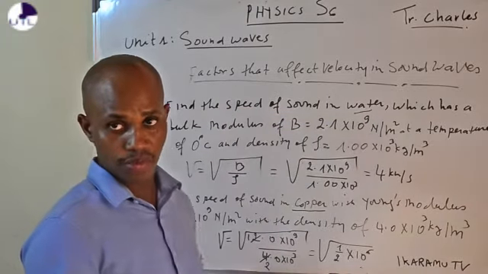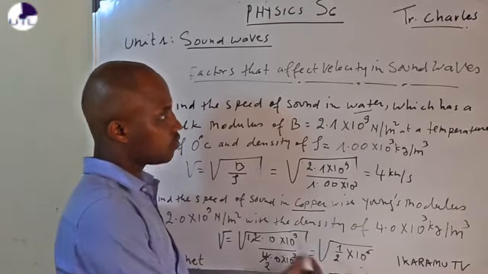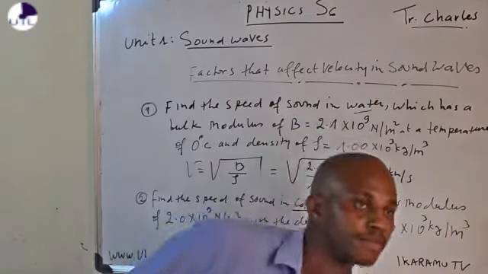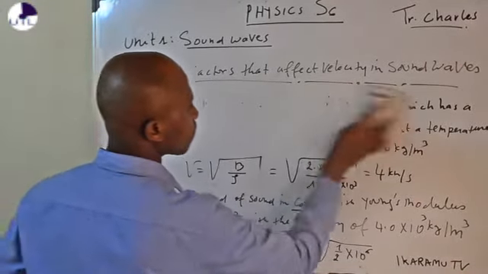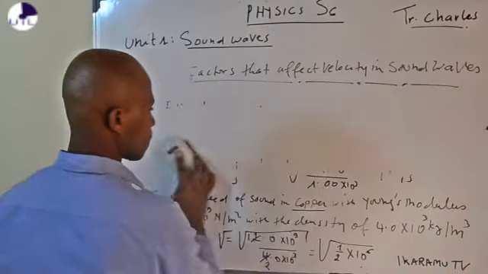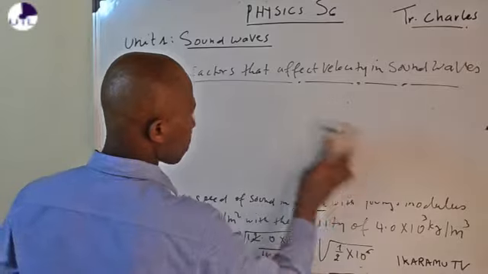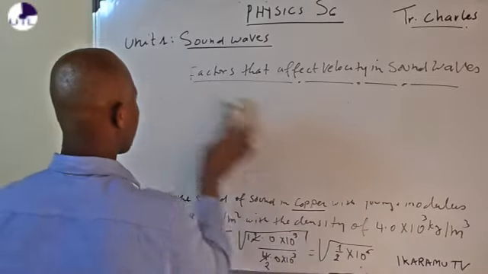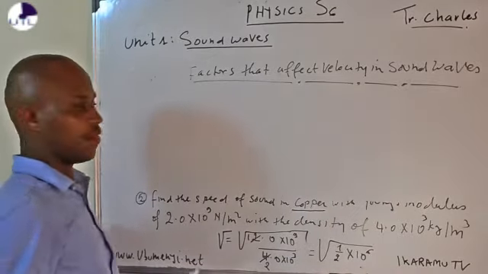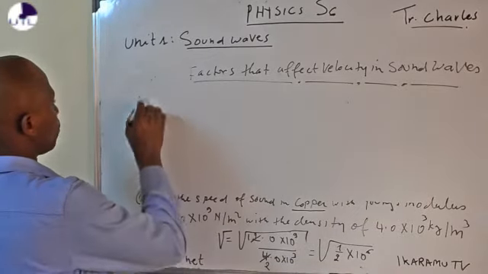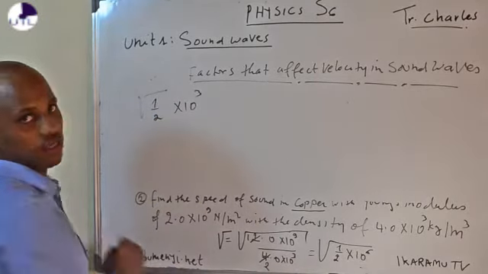When you're using still the property of powers here, 10 to the power 6, when you move the square root, this will be equal to the square root of 1 over 2, then times 10 to the power 3.